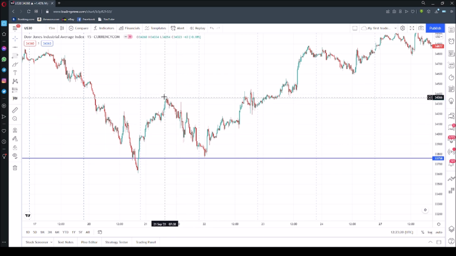On this prior trend, we had lower highs, lower lows, lower highs, and the market broke these last lower lows. So after breaking these last lower lows, we now wanted to have proof that the market is now trending up, and by that we can use what we've just described, whereby we need to see a higher high and a higher low.